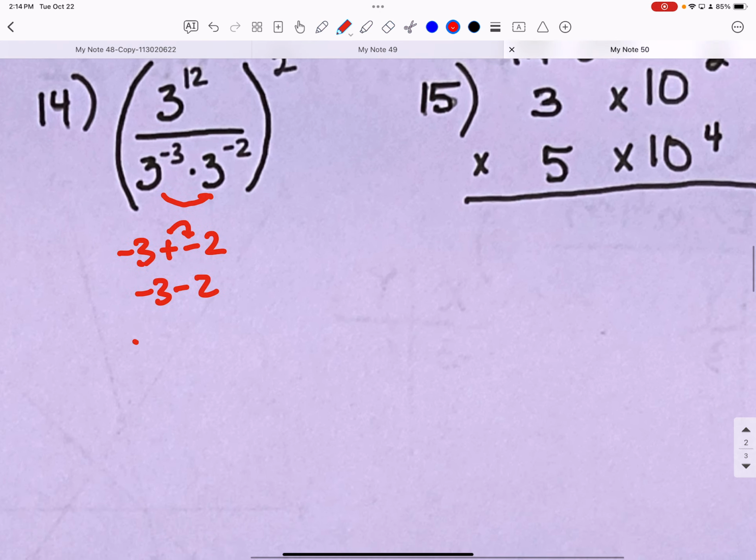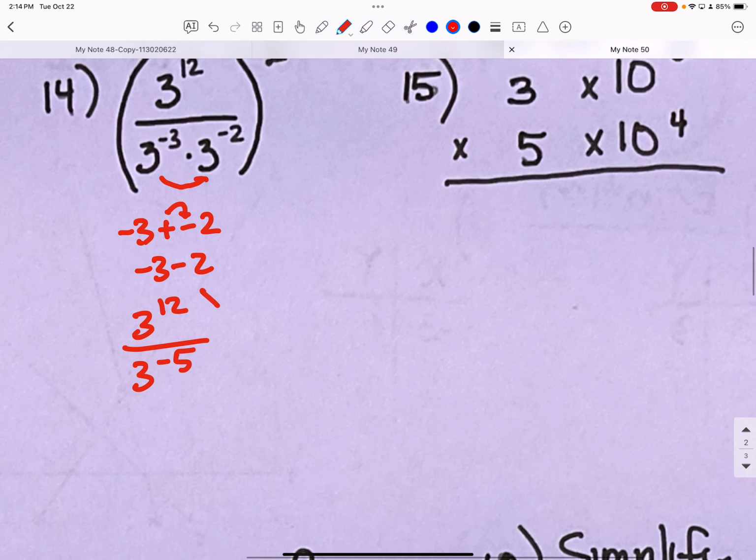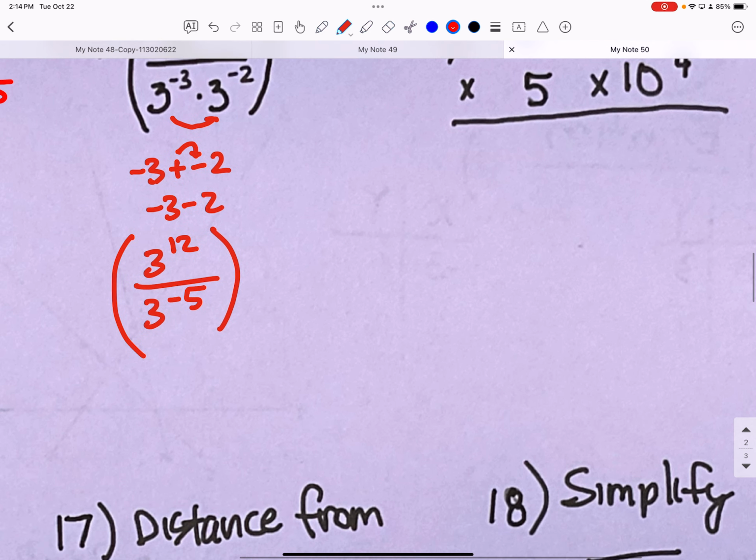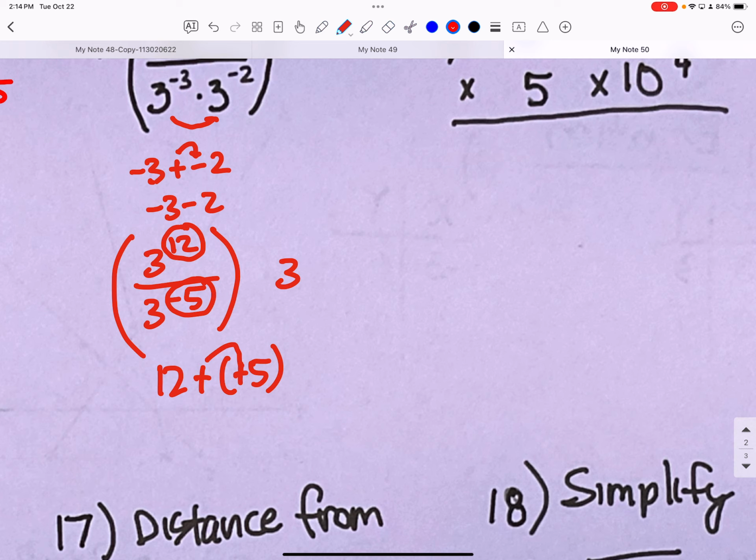So this is actually 3 to the 12th over 3 to the negative 5th. Okay, now if we're going to continue that, we're going to do one less than division is subtraction. So 12 minus negative 5, that actually makes it a positive. So now we have 3 to the 17th.